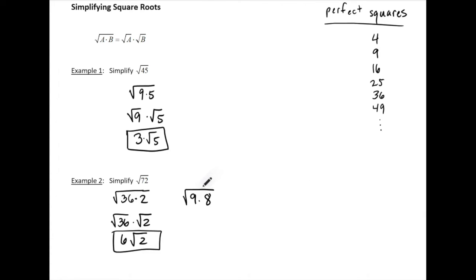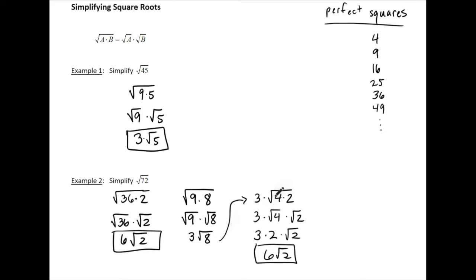Suppose, for example, that you started with the perfect square factor of 9 and wrote 72 as the product of 9 times 8. Again, we can take the square root of each of these factors separately, and the square root of 9 is equal to 3, so we get 3 times the square root of 8. This, however, is not completely simplified. 8 is divisible by 4, so now we can factor out another perfect square factor.